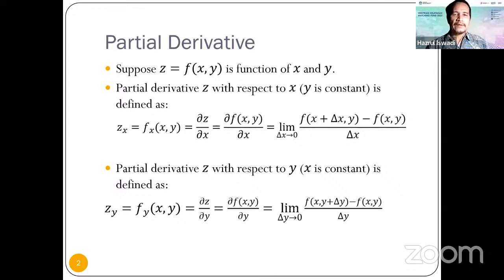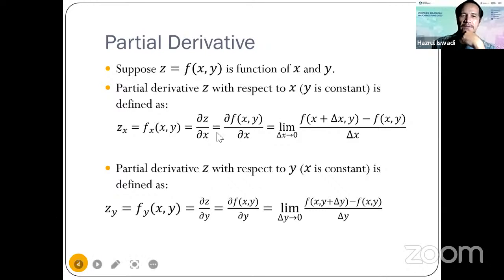The partial derivative of z with respect to x, which means y is a constant, is defined as z_x, or also f_x like here, or we can also write it as ∂z/∂x.